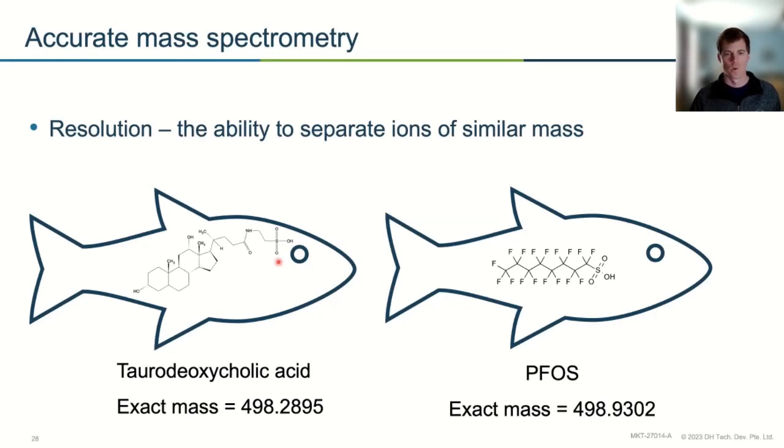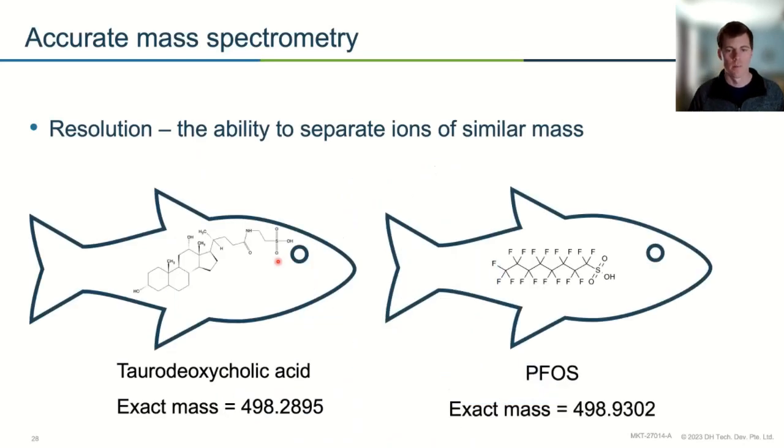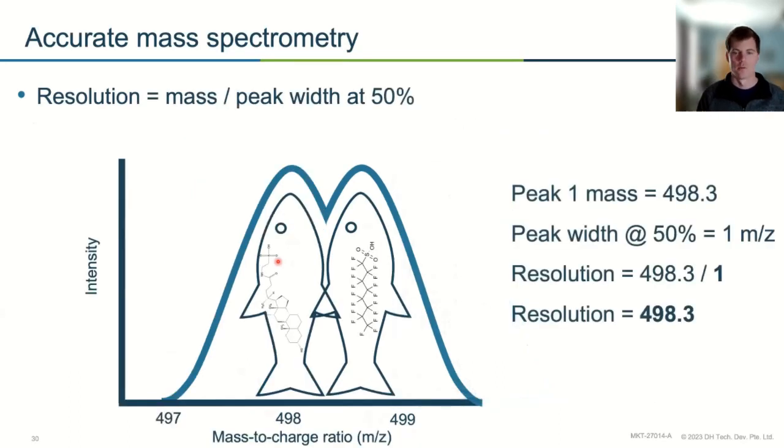I use this example because we can show with high resolution what we can do that is maybe more tricky in triple quad. Going back real quick, the masses of these 2 compounds are 498.3 and 498.9. If you were to use a mass spec with a resolution of a peak width of about 1 m/z, your two compounds would separate like this. I left them as fish, I'm calling this my PFAS fish, just as the example.